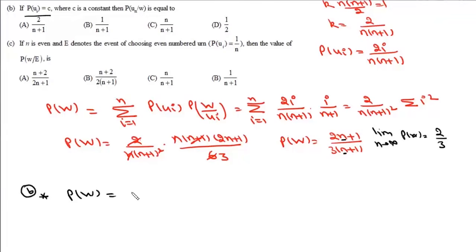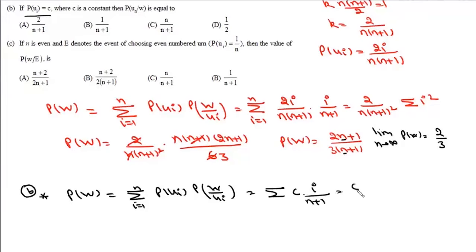This will be equal to, again, the summation of P(Ui) and P(W upon Ui), where i varies from 1 to n. Now this is C, and here it is i upon n plus 1. So this is C upon n plus 1, and the summation of i is n into n plus 1 by 2. Now n plus 1 will cancel, so this probability is Cn by 2.